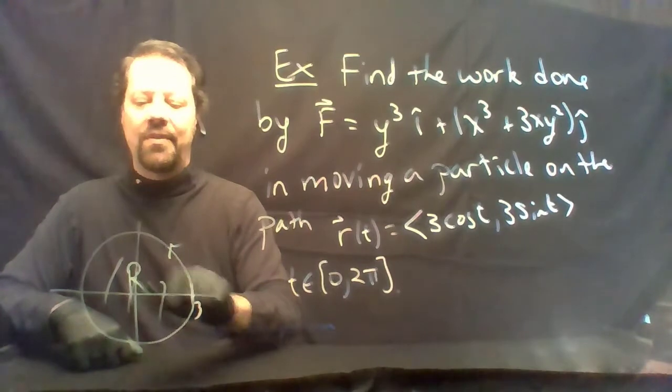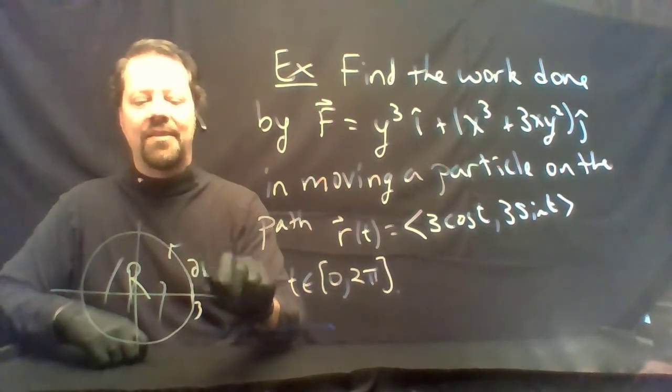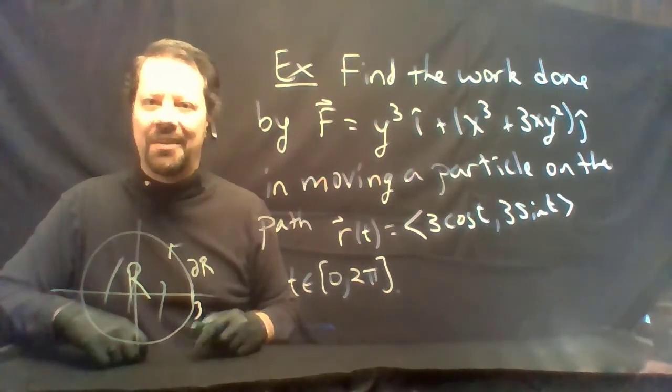In this case, we can view a region R to be the disk of radius 3, whereas the boundary of the disk is the circle of radius 3.